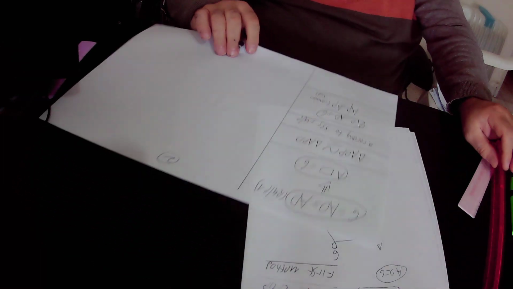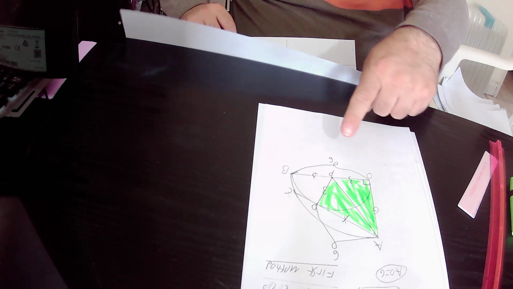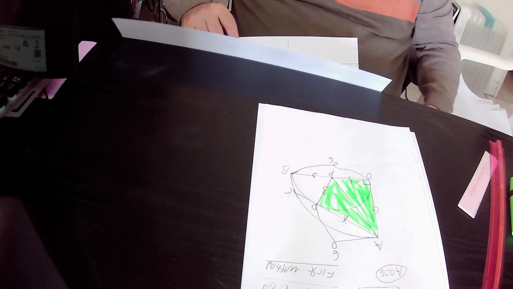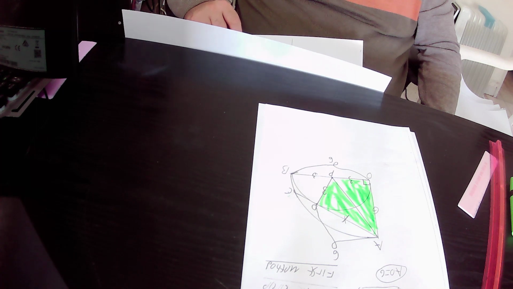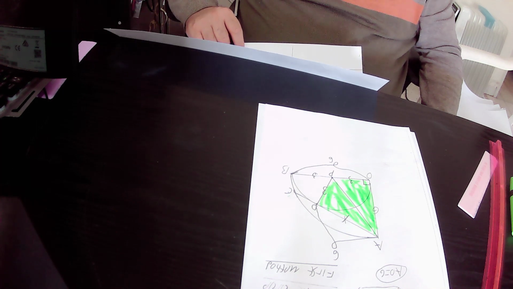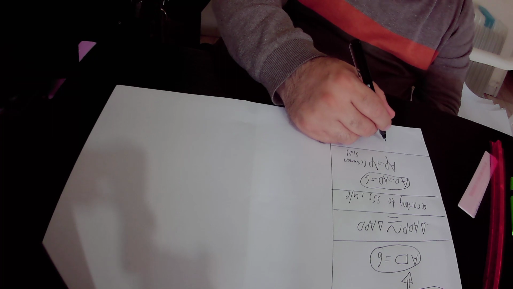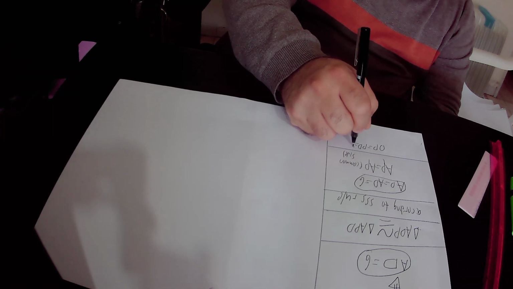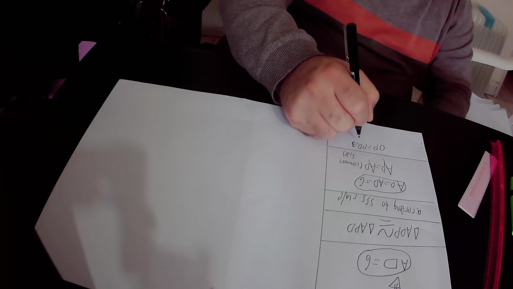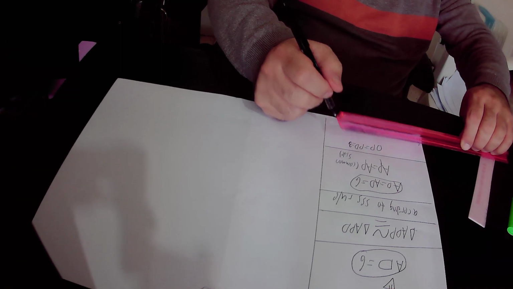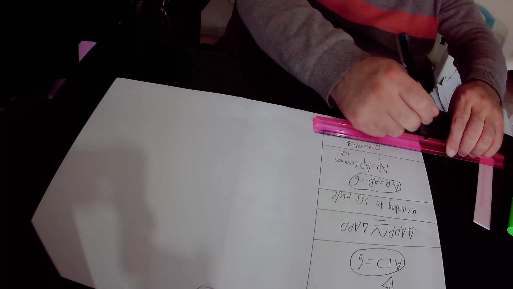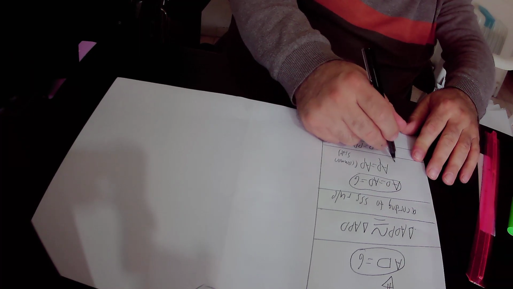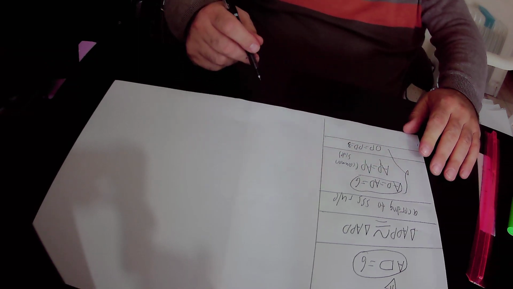And finally, side OP equals side PD equals 3 units. Both those two line segments are the radii of the semicircle. So all 3 sides of triangle AOP are equal to all 3 sides of triangle APD.